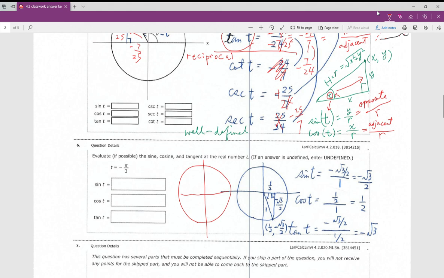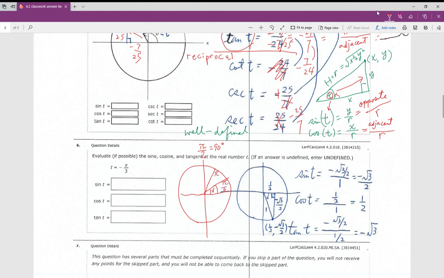This is pi over 2, 90 degrees. And if you divide this 90 by 3, it will be 30 degrees. 30 degrees is pi over 2 divided by 3, so it's pi over 6.